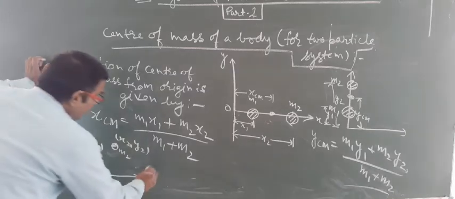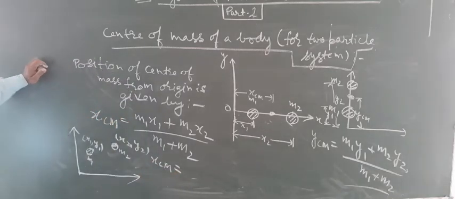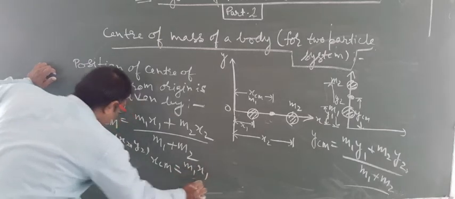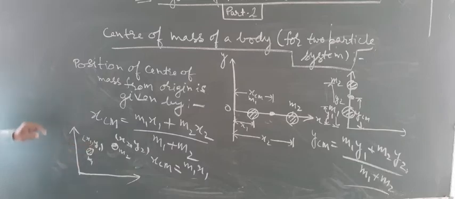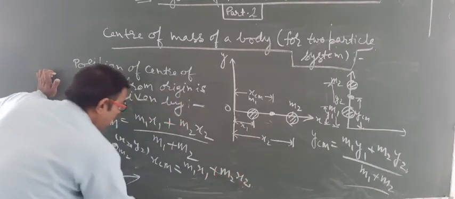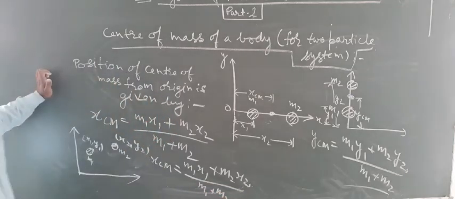First of all we find xcm, and xcm is m1 x1 plus m2 x2 upon m1 plus m2.